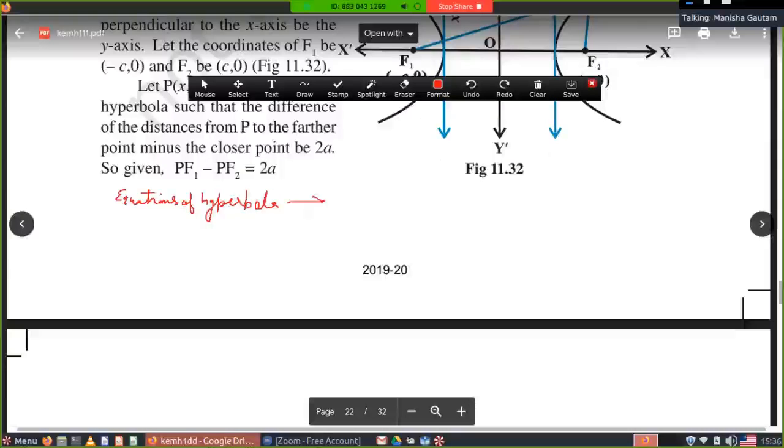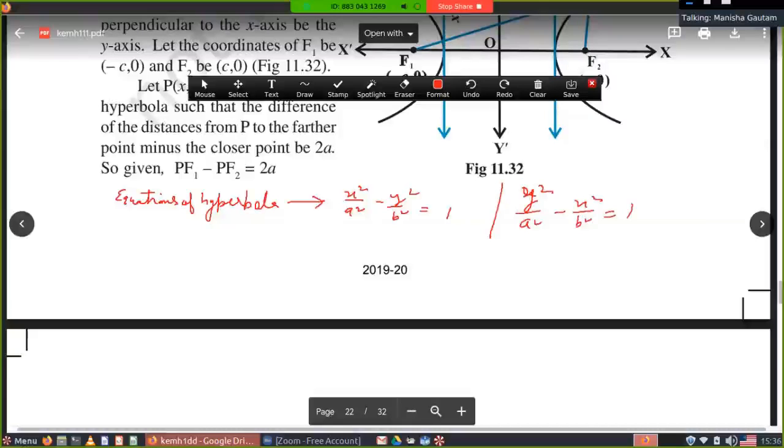The first equation is x square upon a square minus y square upon b square is equal to 1, and the second equation is y square upon a square minus x square upon b square is equal to 1.